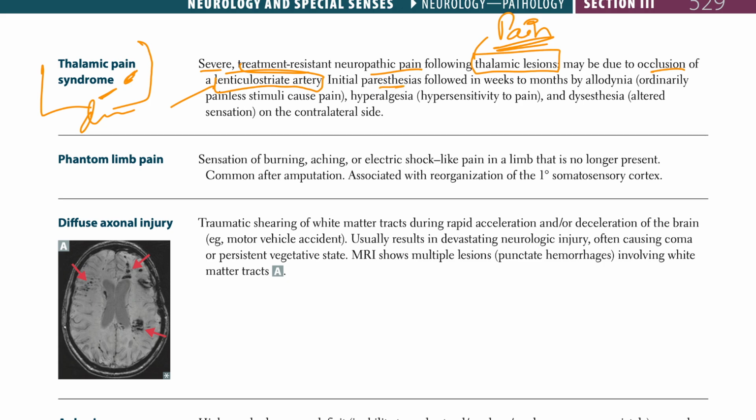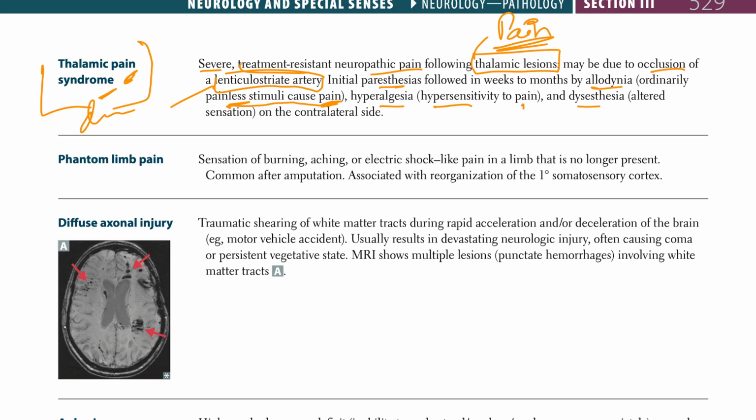Initial paresthesia is followed in weeks to months by allodynia, where ordinarily painless stimuli can cause pain. Like touching wouldn't normally cause you pain, but with allodynia a very small stimulus causes pain, or hyperalgesia, which is hypersensitivity to pain.